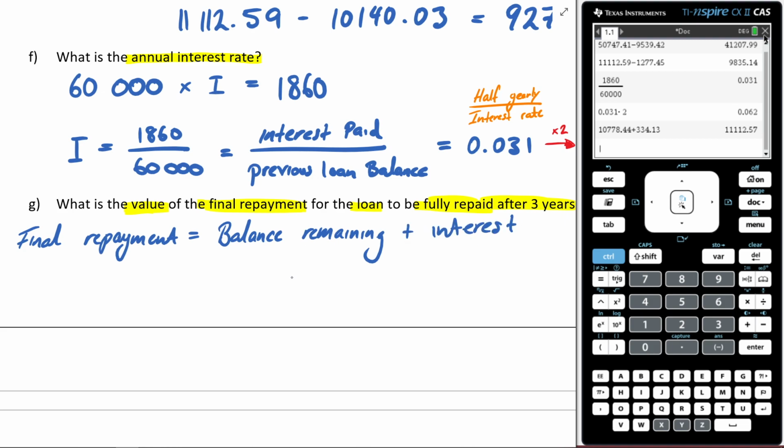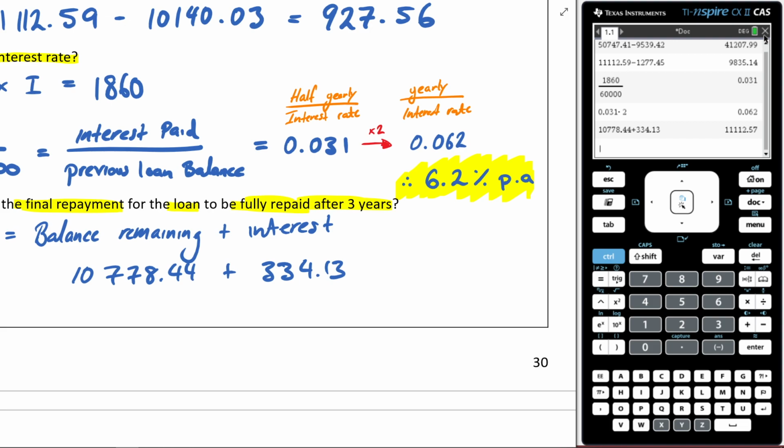So in this case, it was 10,778.44 plus 334.13, which is equal to 11,112.57. That's going to be the final amount that you repay to fully have this thing paid off.